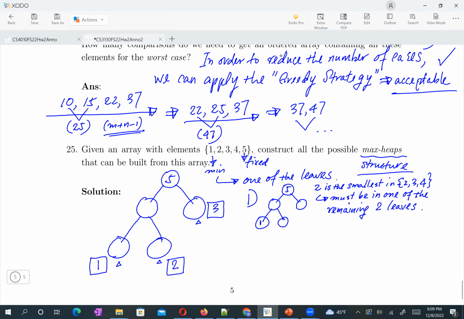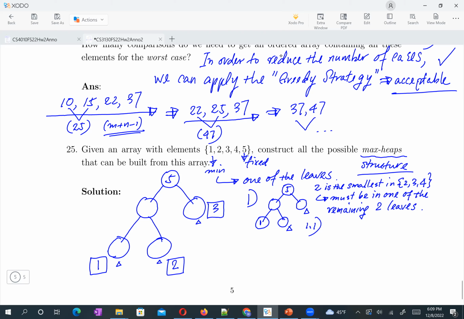So either this location or that location. 2 possibilities. So then you have subcases. Let me do the 1.1 subcase.